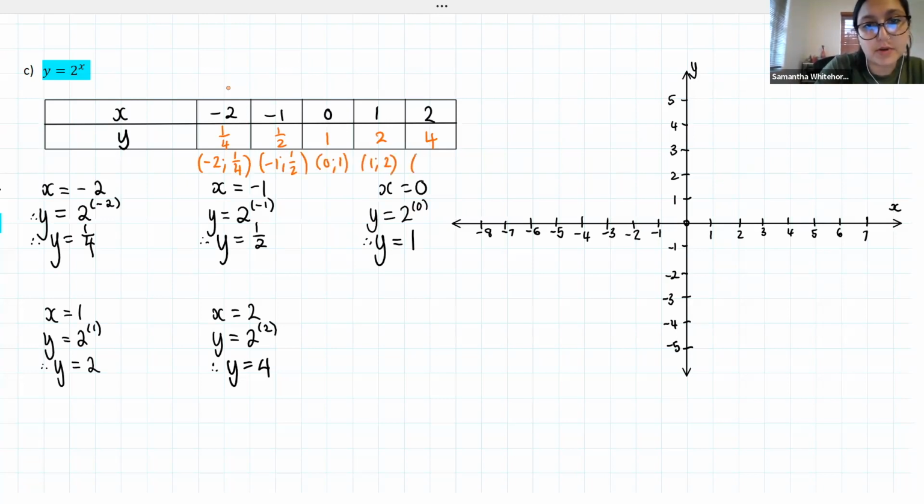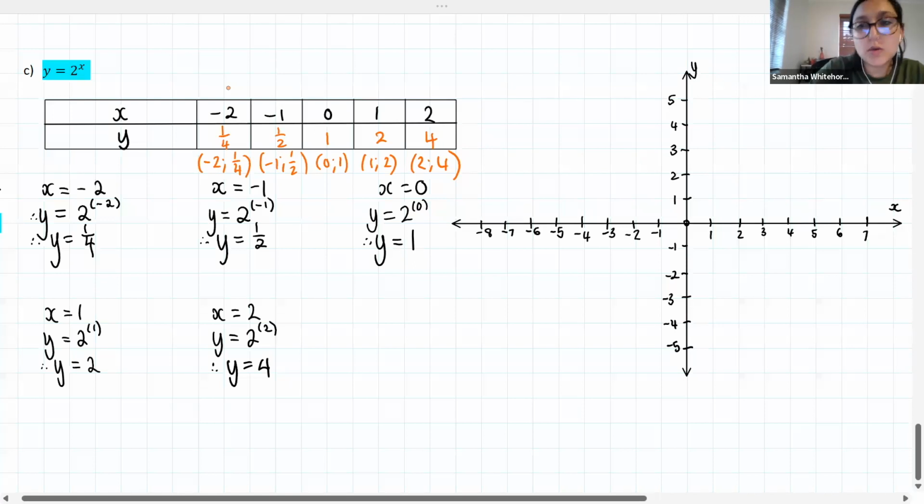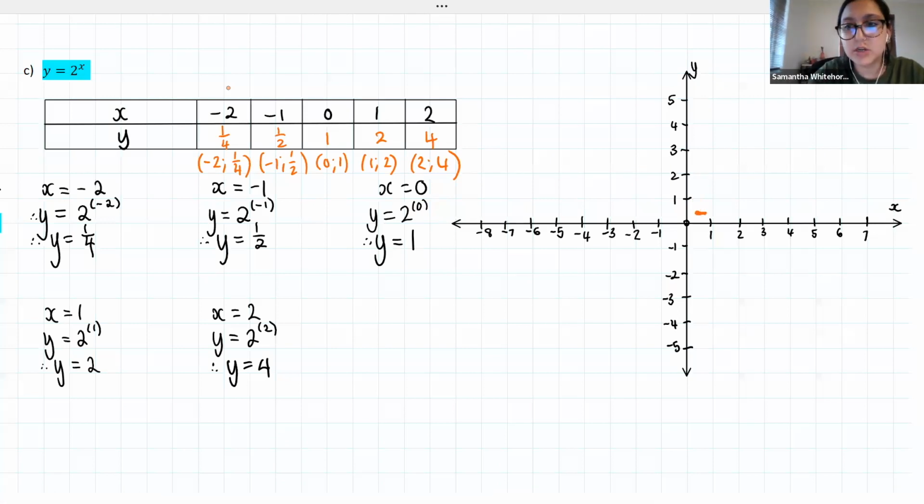We can now go and plot these coordinates. If we start plotting, guys, 1/4 is going to lie somewhere between 0 and 1, and it's probably going to be closer to the 0. Just imagine it on a number line. That's what axes are. So -2 on x up to about 1/4 on y.